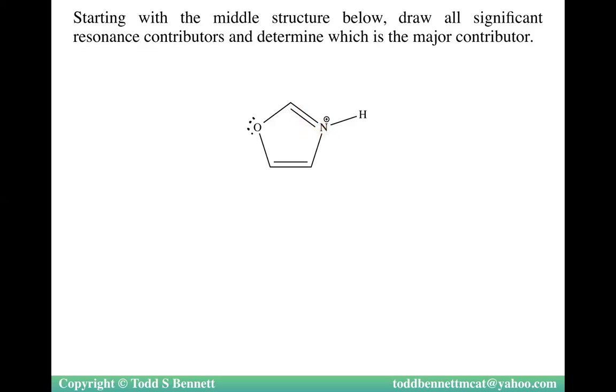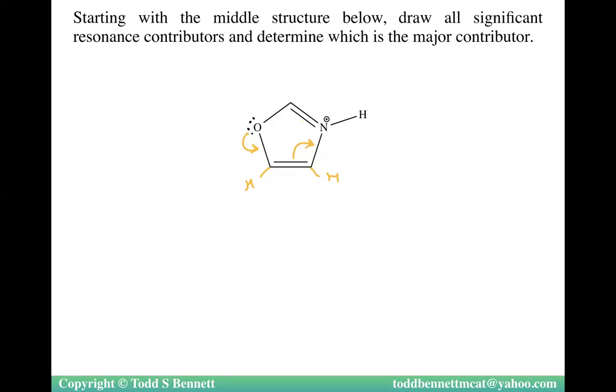I'm going to draw this one, and I want you to tell me what I'm doing wrong when I do this. So if I push this in, keeping in mind there's an H there, that's a fifth bond. So it would have to move over to there. Now I made a fifth bond to nitrogen. So if I push that away, I now have made 1, 2, 3, 4 bonds and a lone pair on oxygen. So the resonance cannot push in this direction. You violate the octet rule.